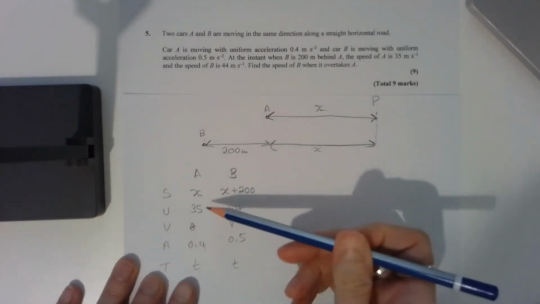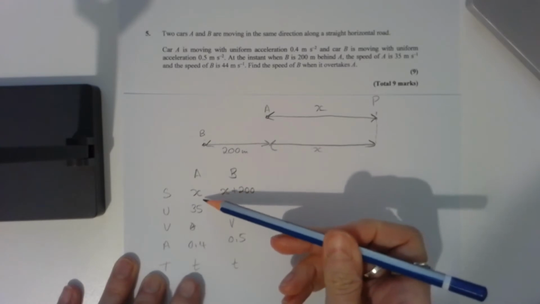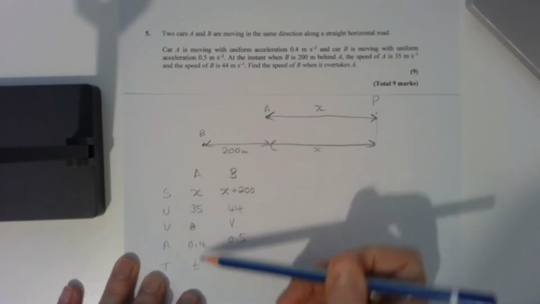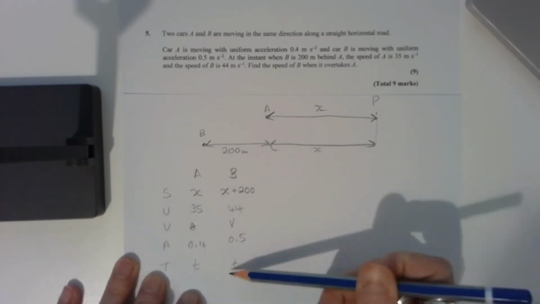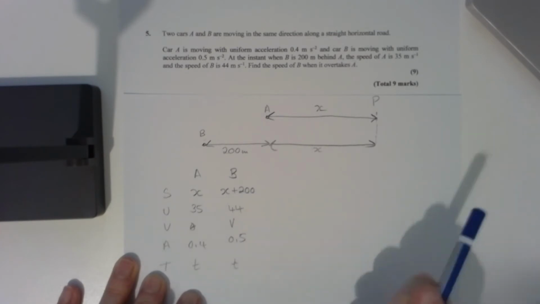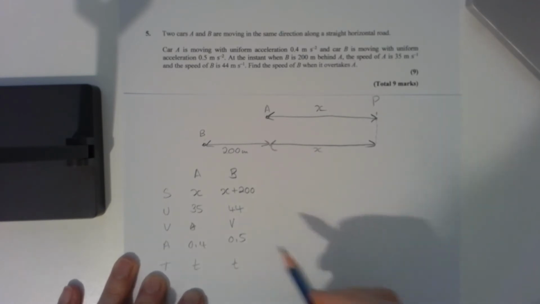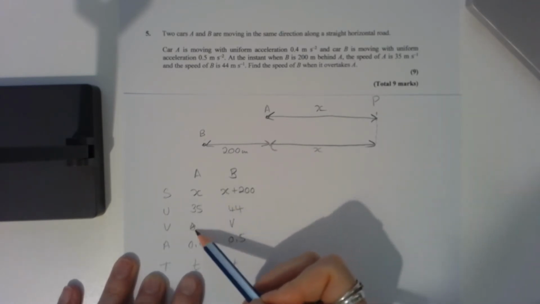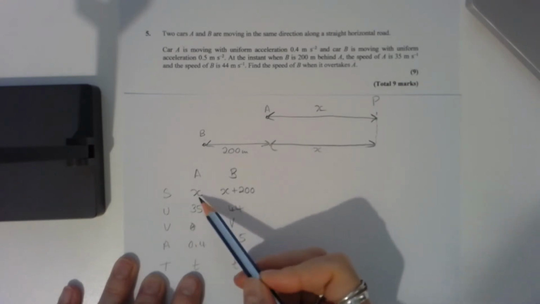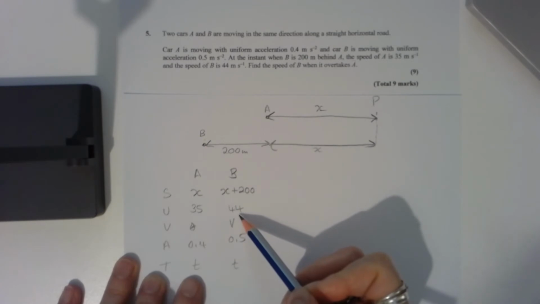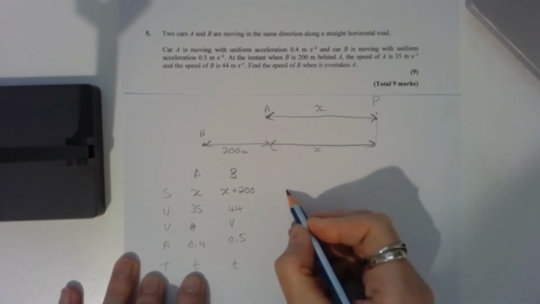So I've got x as an unknown, v as an unknown, and t as an unknown. So I'm going to need some kind of simultaneous equations or equating. I'm going to use the one without v for now, so that I can make an equation in just two variables, x and t.